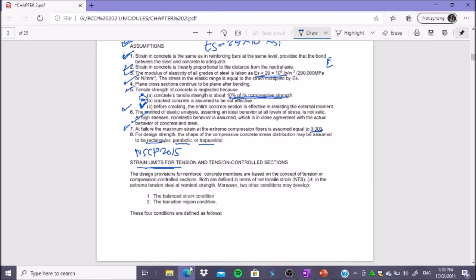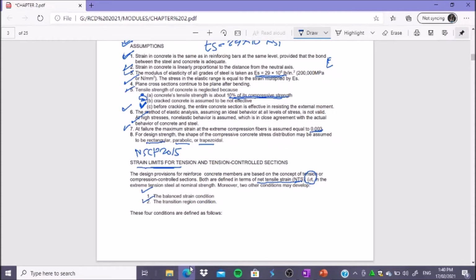The design provisions for reinforced concrete members are based on the concepts of tension or compression control section. Both are defined in terms of the net tensile strain, or NTS, which is designated as strain epsilon T in the extreme tension steel at nominal strength. Moreover, two other conditions may be developed: the balanced strain condition and the transition region.